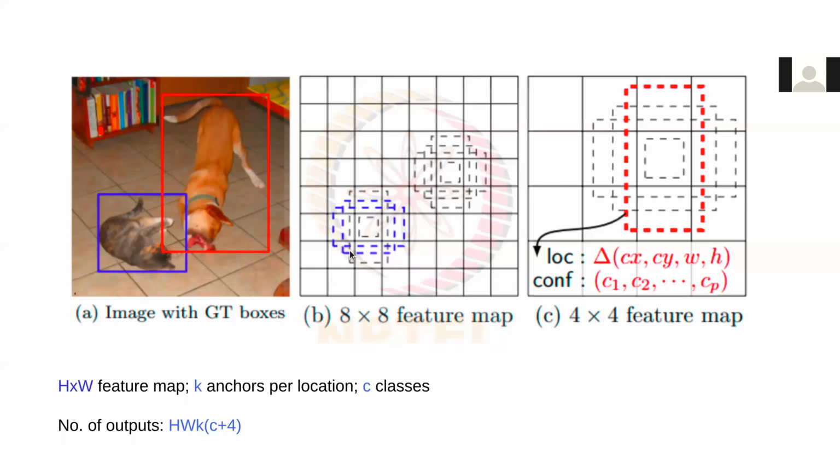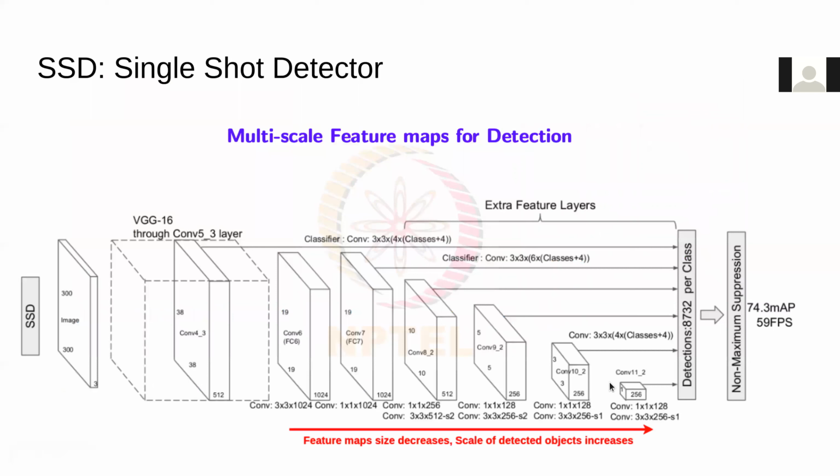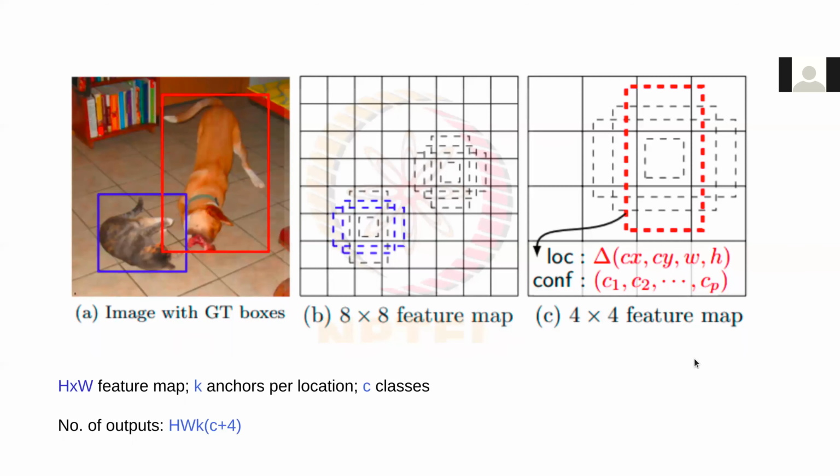And the aim will be to predict the probability score for each bounding box as well as refine its coordinates. So if we have this feature map, when we look at detections per class, per cell we will have k bounding boxes. For each bounding box, it will predict the location offsets and the class score.